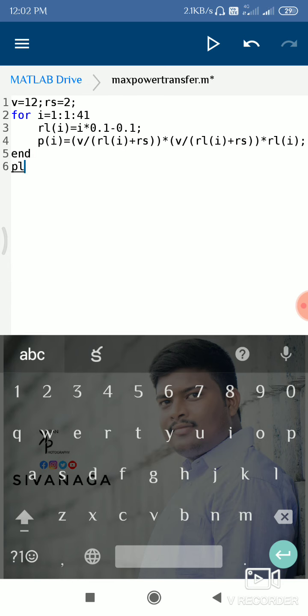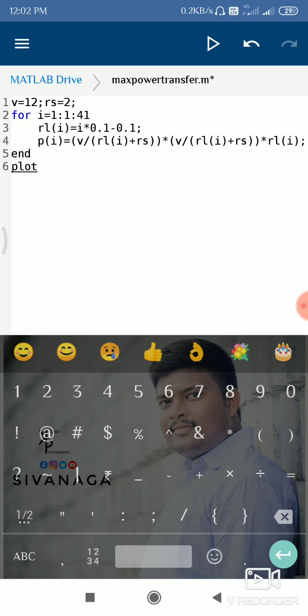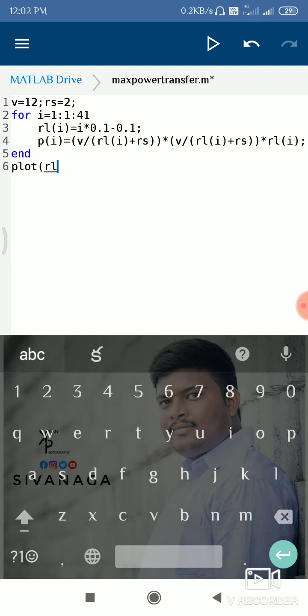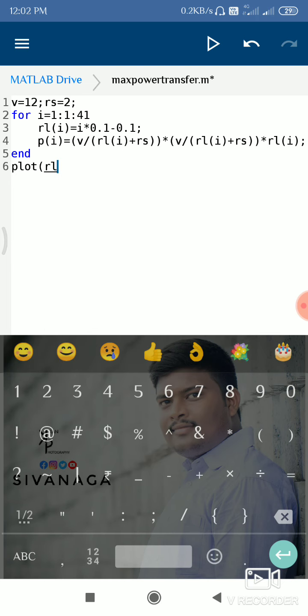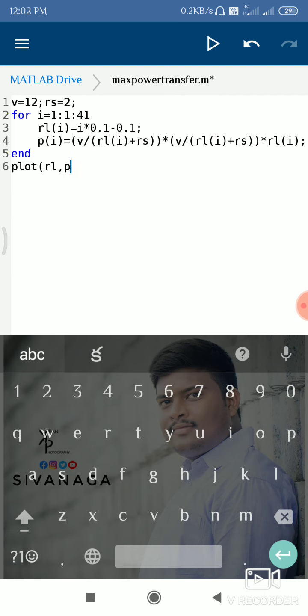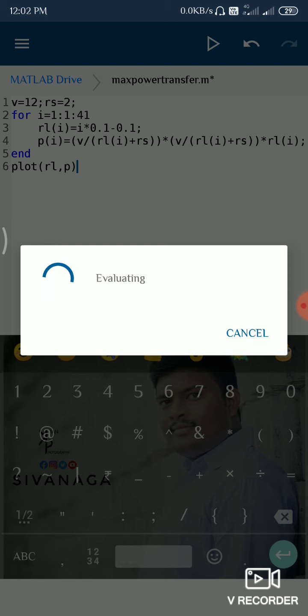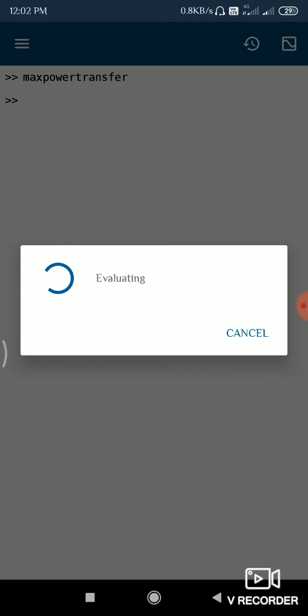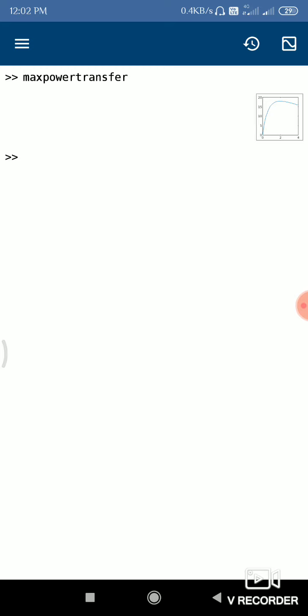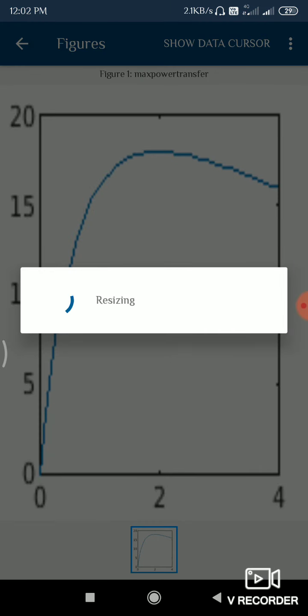So I have to plot the graph. For that I take plot of RL comma P. So I execute this. I see a plot graph.